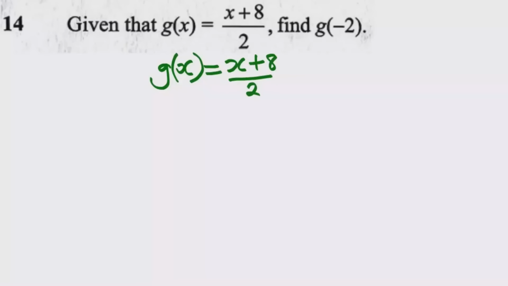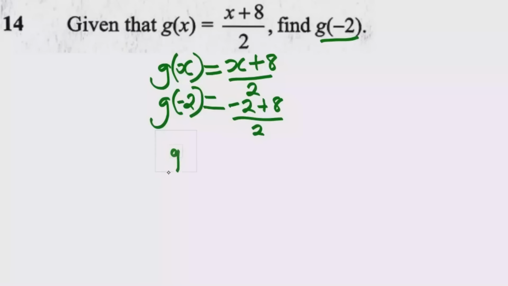Where there is x, we put negative 2 because that is what we are given. So we say g of negative 2 is equal to negative 2 plus 8 over 2. Then we evaluate that.